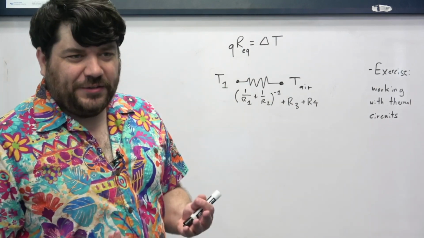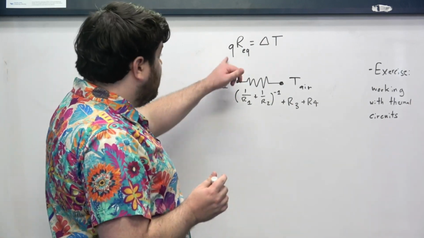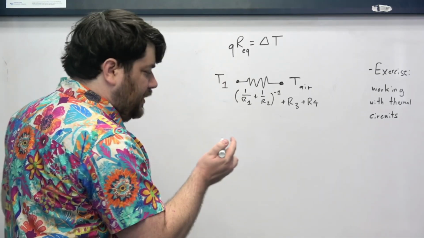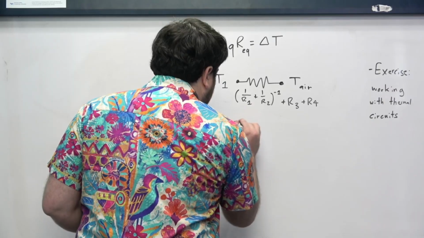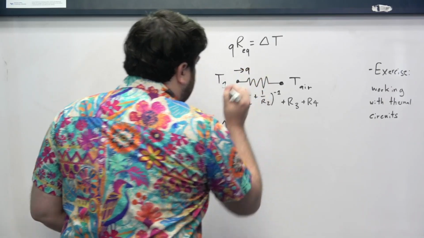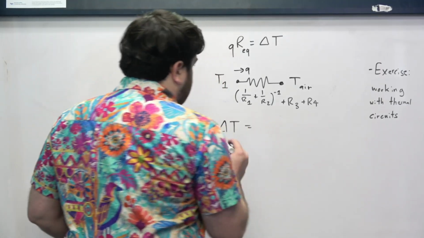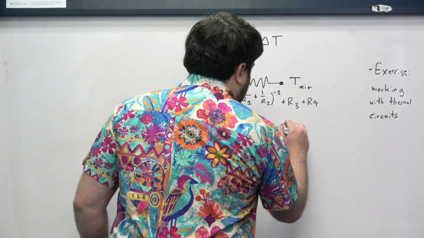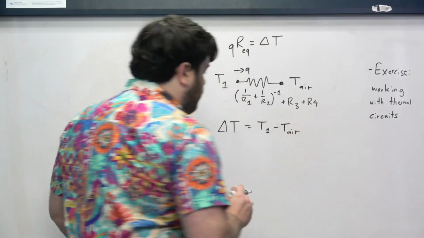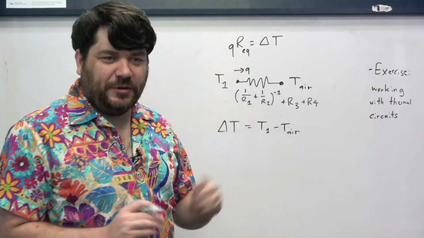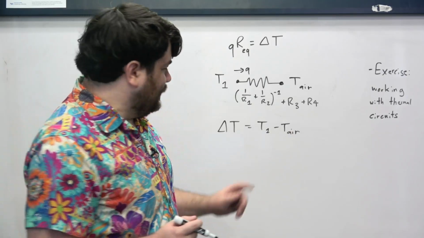And the reason that this is useful is because now we can determine what Q is pretty quickly, right? Because my delta T, if we assume that Q is moving left to right, delta T is just T1 minus T air, right? We're trying to keep this delta T positive whenever the Q is actually going in the direction we think it is.